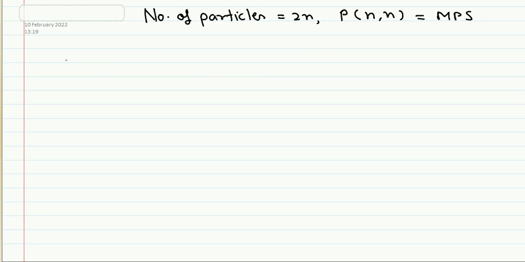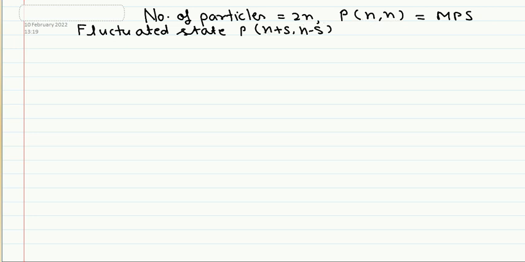And then we will take another distribution, a fluctuated state, and that fluctuated state is defined as the distribution n plus s and n minus s. We have 2n particles, and the most probable distribution is n, n, and then we have some fluctuation.